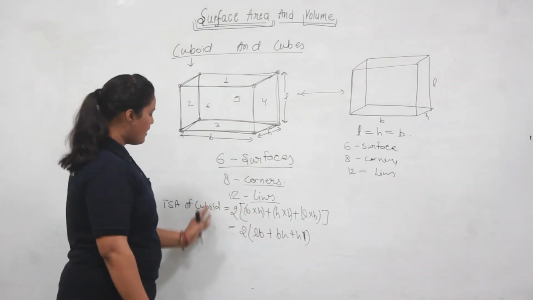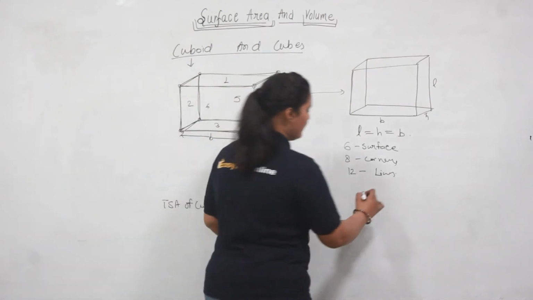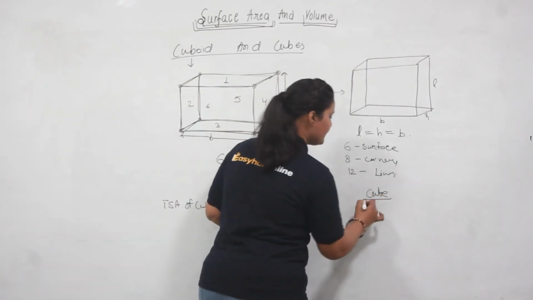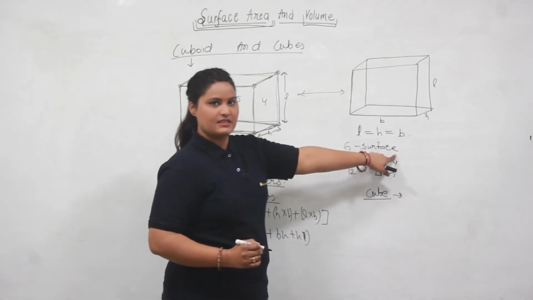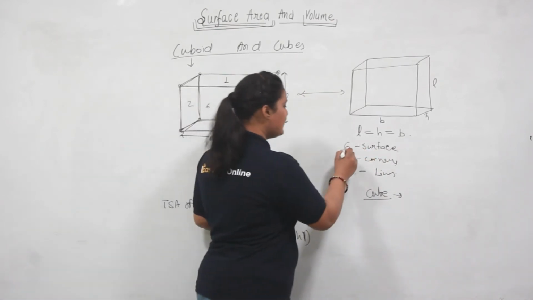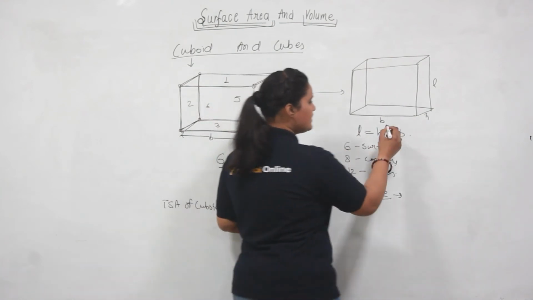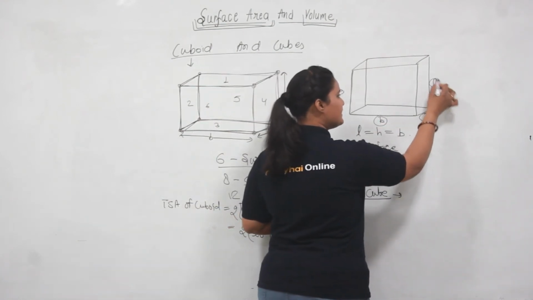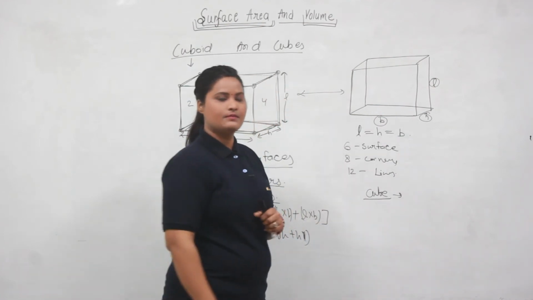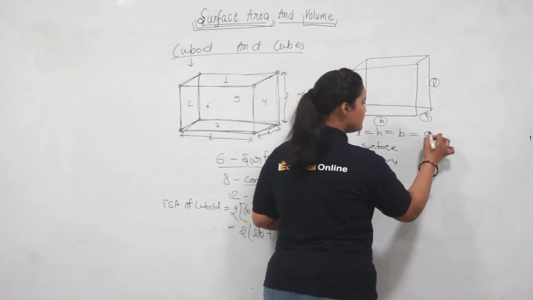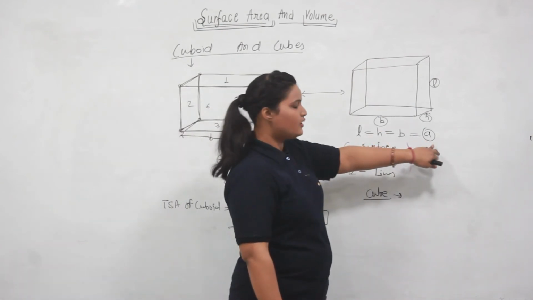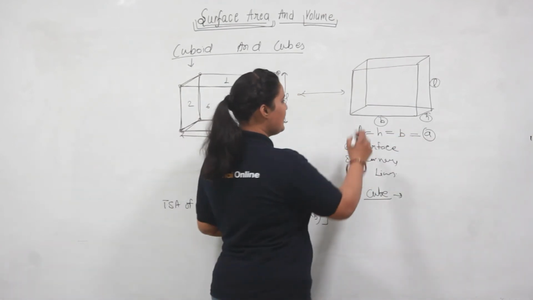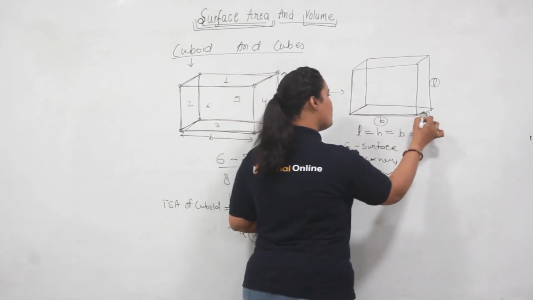Okay. Now come to the cube. When I talk about a cube and its total surface area, it means the area of all 6 surfaces. Since length, breadth and height are all equal to each other, I will take it as A. Then the area of each surface will be what?